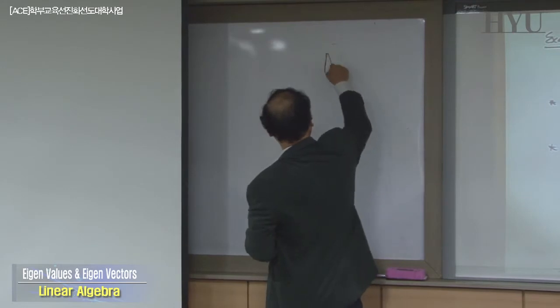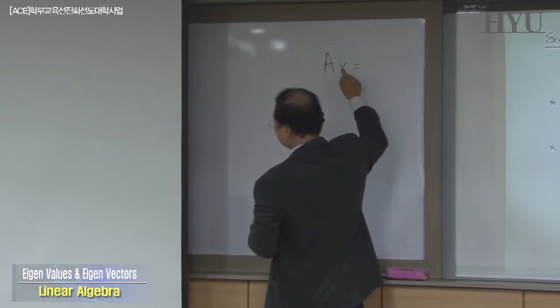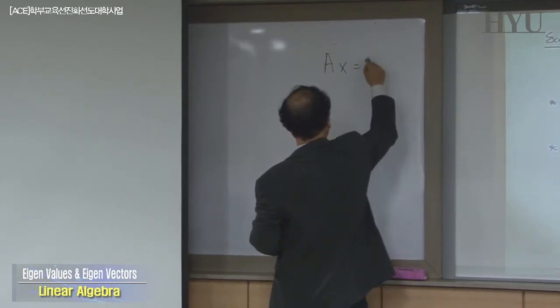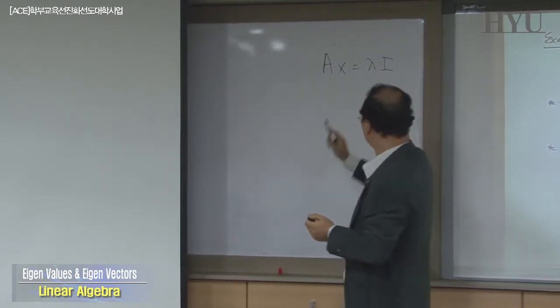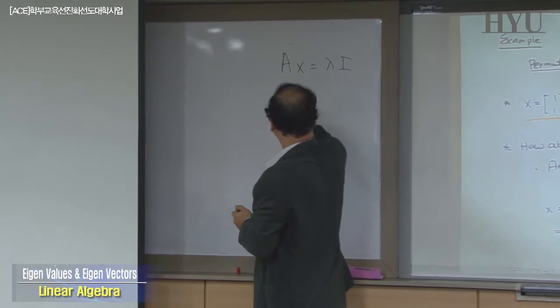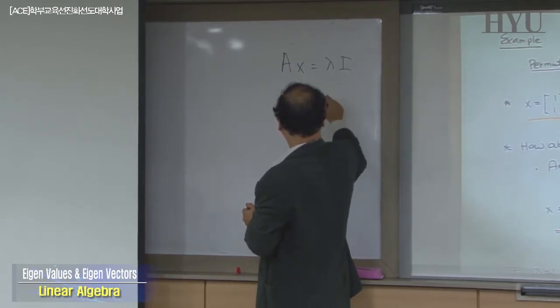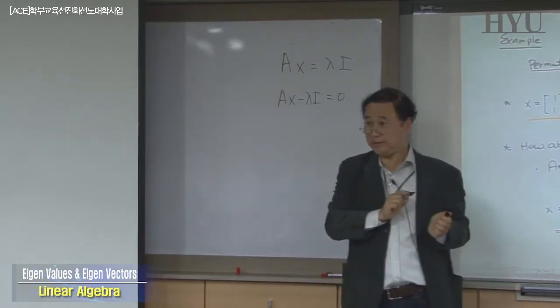Eigenvalue means Ax equals lambda x, right? For whatever eigenvector. So when you move this, it means Ax minus lambda x ought to be 0, right?